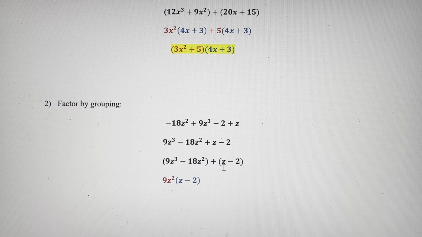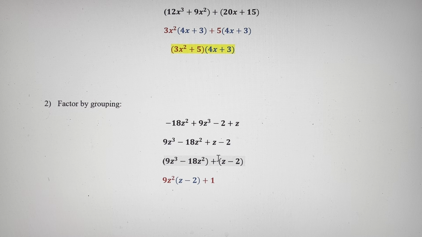So let's look at the second pair of terms here. These don't have anything in common, but if you'll notice, I've already got a binomial here, z minus 2, that matches the one I just got when I factored the first 2 terms. So remember, if these 2 terms don't have a GCF, I can always think of that as just taking out a positive 1.